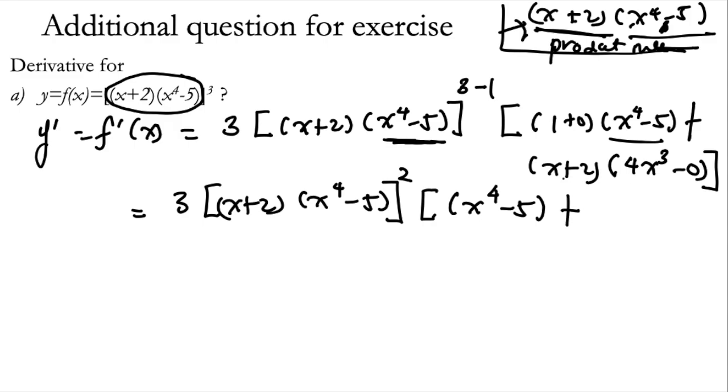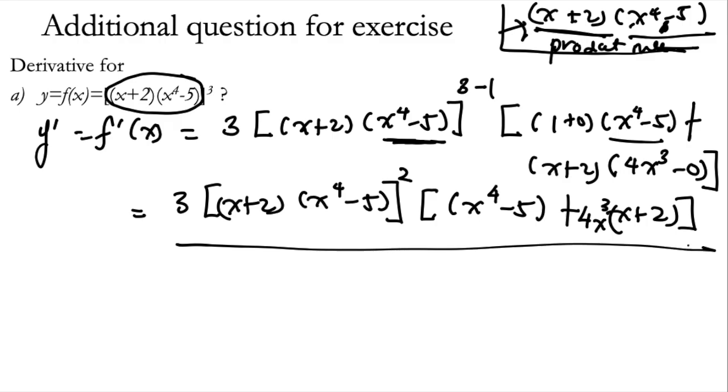This one, x plus 2, times 4x cubed minus 0, becomes 4x cubed. Okay, that's it. Done. So this is how it is answered. This is an additional bit apart from the exercise from the quiz. All right, so quiz 5 is done.